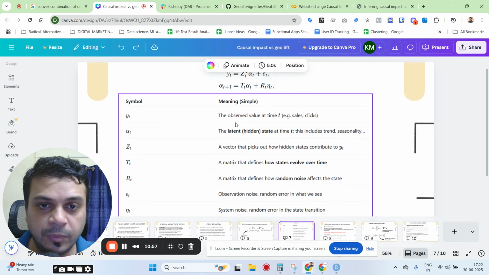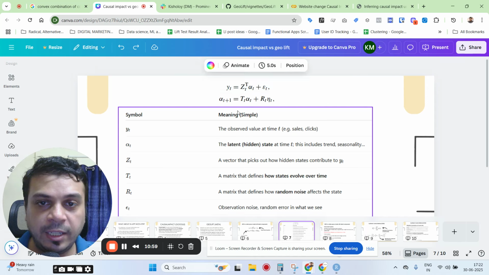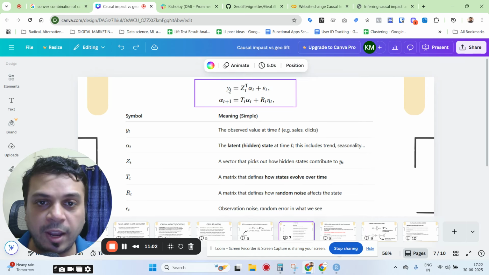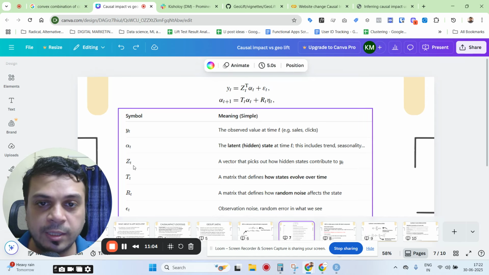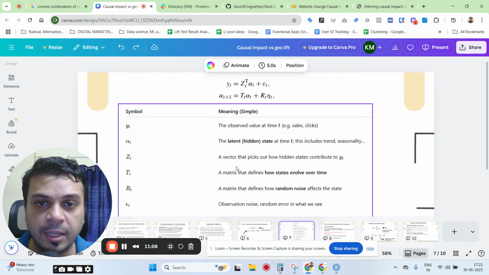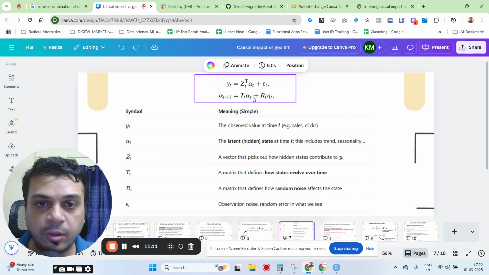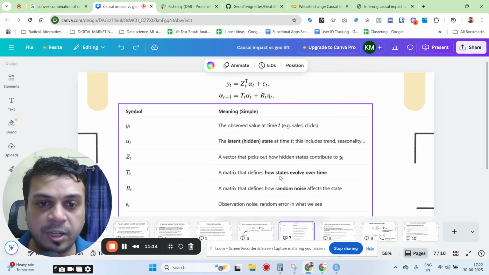Then you also have YT, which like I said is the observed value, and that depends on a combination of ZT and the latent hidden state, which itself actually depends on this particular equation, which depends on a matrix that defines how the states evolve over time.